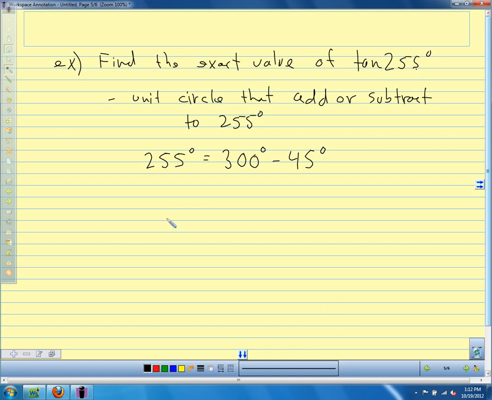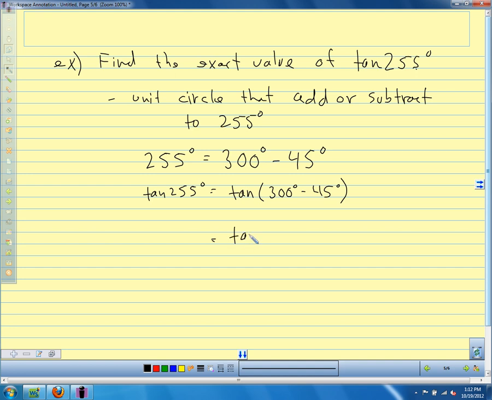So the tangent of 255 degrees is the tangent of 300 degrees minus 45 degrees. And we have a nice formula for the tangent of the difference of 2 angles. I'm just going to plug my angles in there.